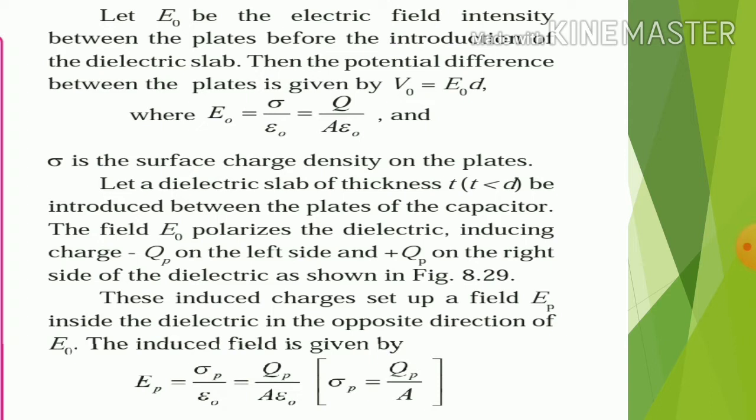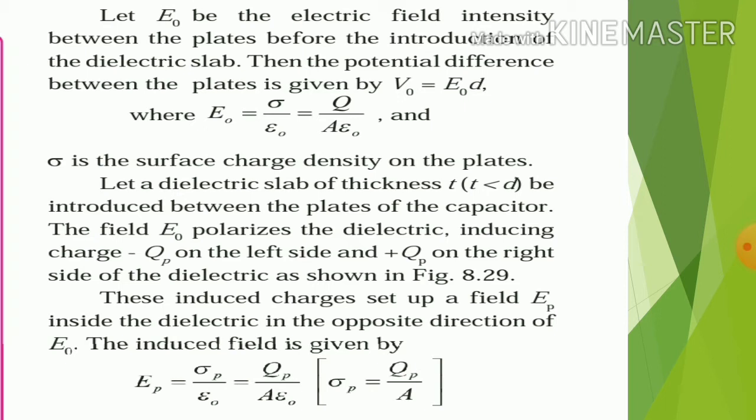Then the potential difference at that time between the two plates is given by V0 equal to E0 into D. This equation was studied in the previous lecture.